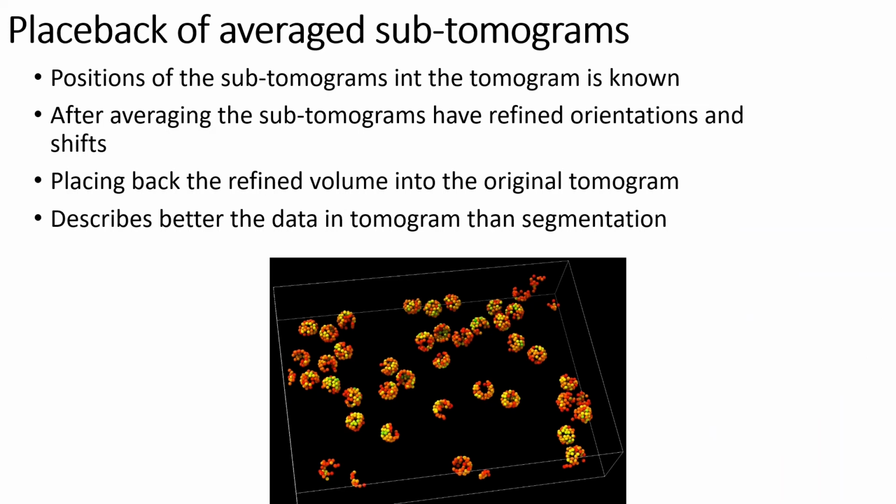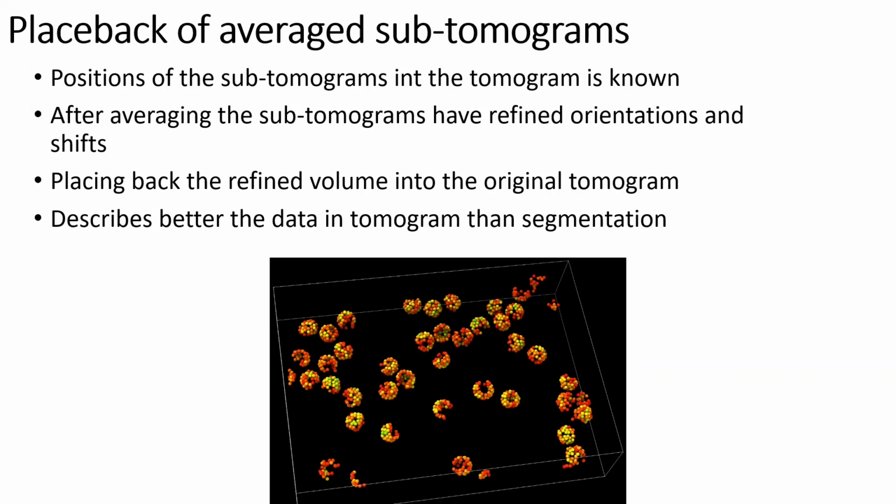Now, another advantage of tomograms over SPA or single projection images is that it is in 3D. So if we know the positions of our sub-tomograms and we have very nicely refined their orientation, we can place back the sub-tomograms or sub-tomogram average into our original tomogram, and see the localization and the features that we can uncover with this procedure.